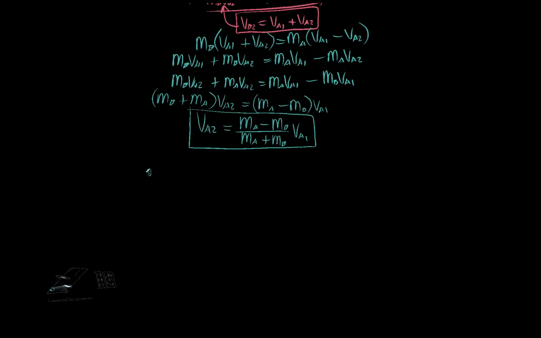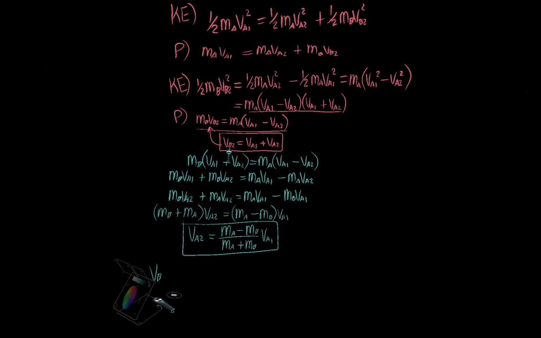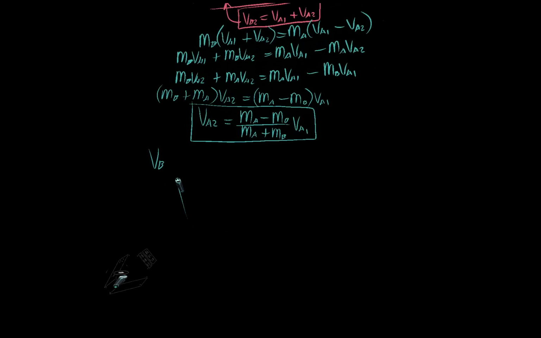So if you do that, we have VB going back to our little equation here, this one. We're going to take this and plug it in right there. So VB2 is equal to VA1 plus this whole thing, MA minus MB over MB plus MA.